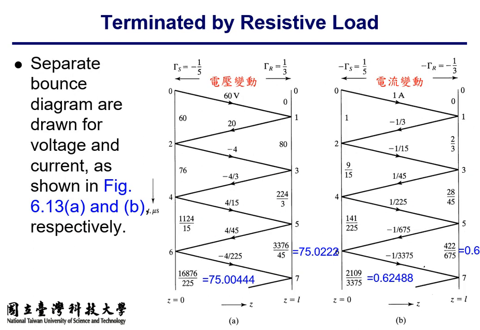And if you carry on the voltage bouncing diagram and the current bouncing diagram, you see the overall system will saturate to a specific voltage, that is 75 volts and 0.625 amp on the whole transmission line.